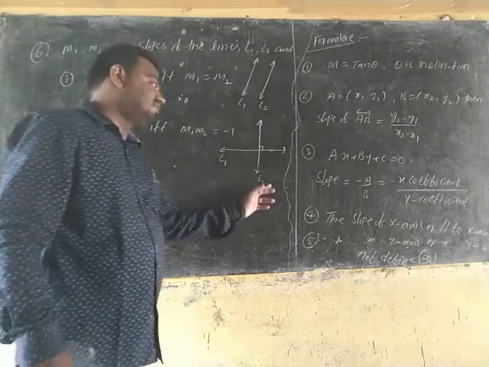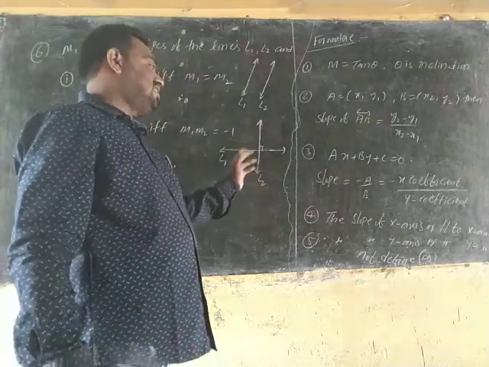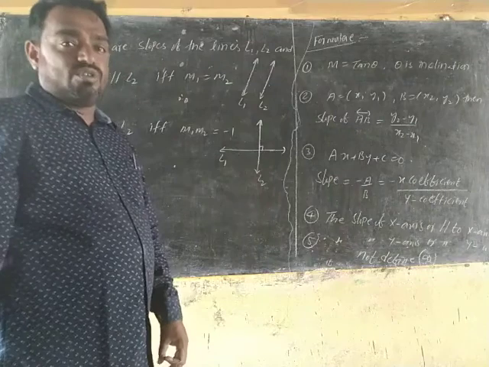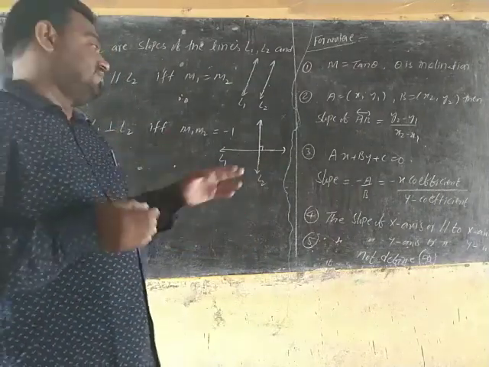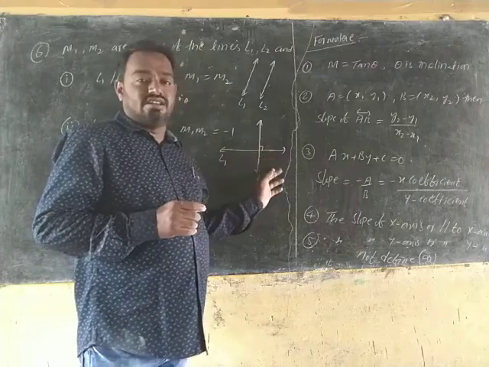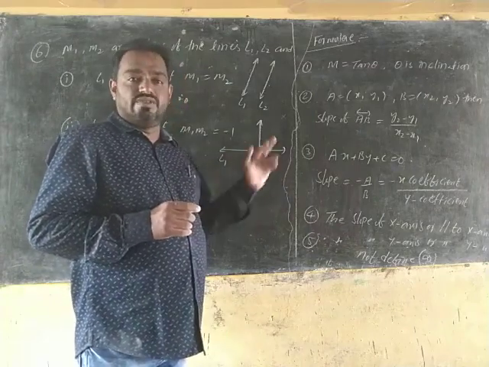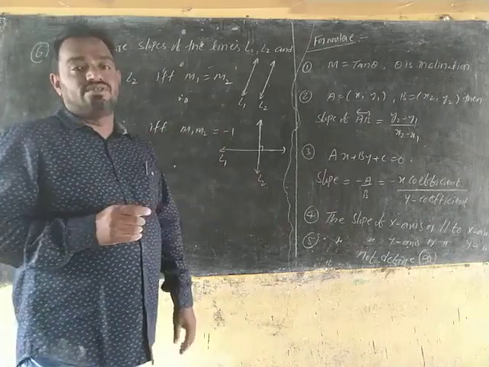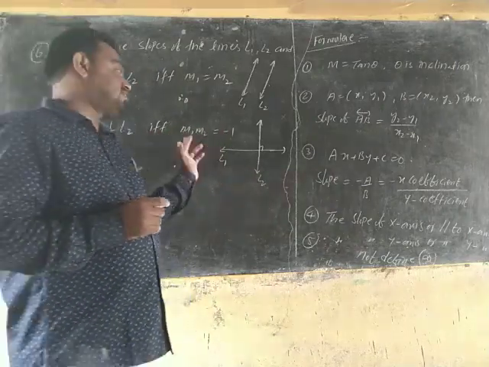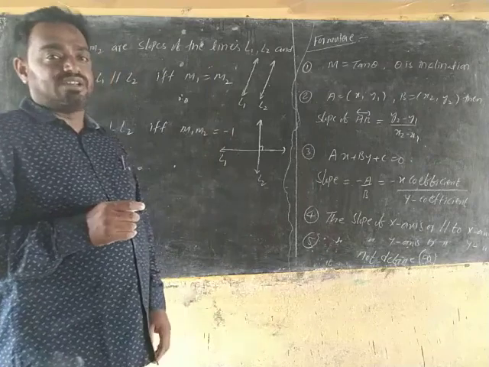This is the line L1, this is the line L2. They intersect orthogonally, nothing but the angle between the lines is 90 degrees, perpendicular to each other, mutually perpendicular. Then the product of the slopes is equal to -1.